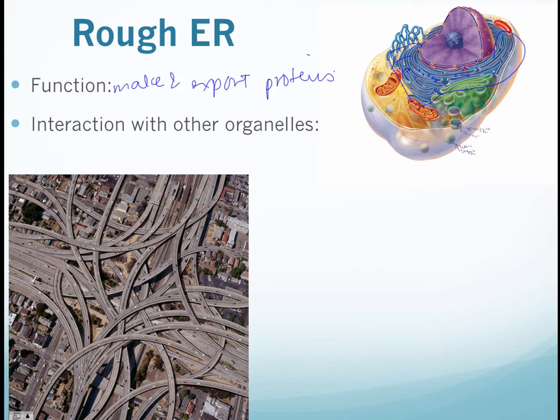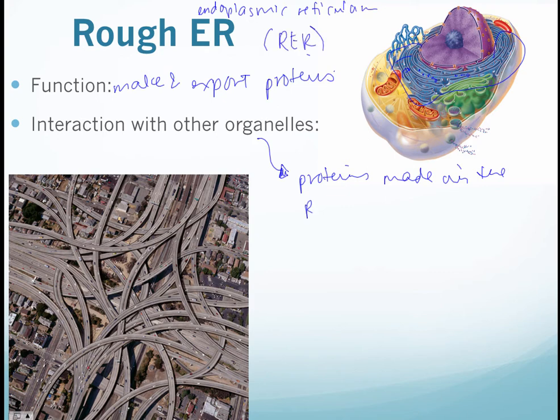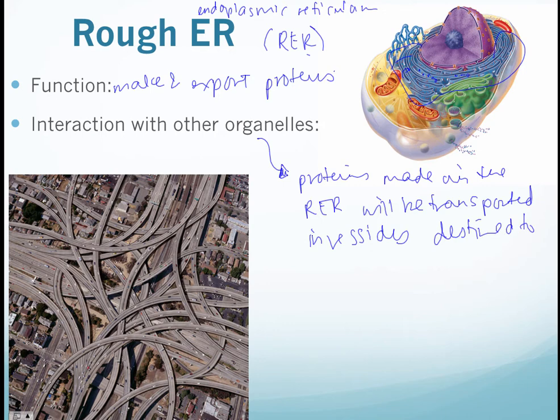And then from here, all these proteins and how this interacts with other organelles is that proteins made in the rough endoplasmic reticulum, which we're going to refer to now as RER for short, will be transported in vesicles destined for the Golgi apparatus.